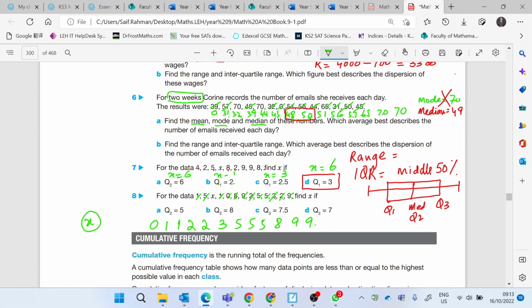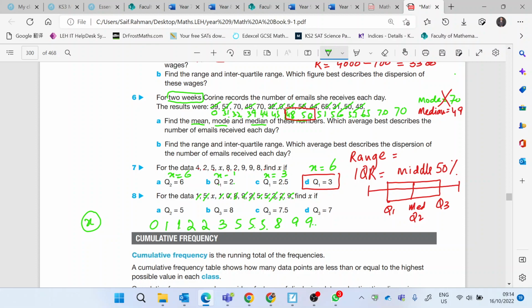What will be x if Q2 is 5? Okay, so when Q2 is 5, that means Q2, the middle number, is 5. So here 1 2 3 4 5 6 7 8 9 10 11 12.